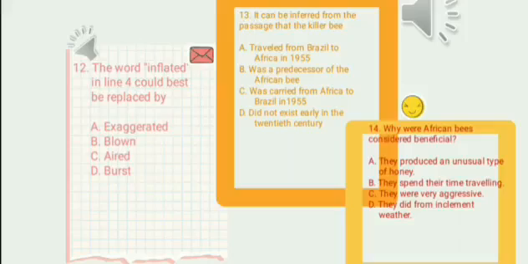D. They did well in inclement weather. And the answer is C. In the second paragraph here, it is explained in the sentence that the African bees were brought into Brazil because of their aggression.